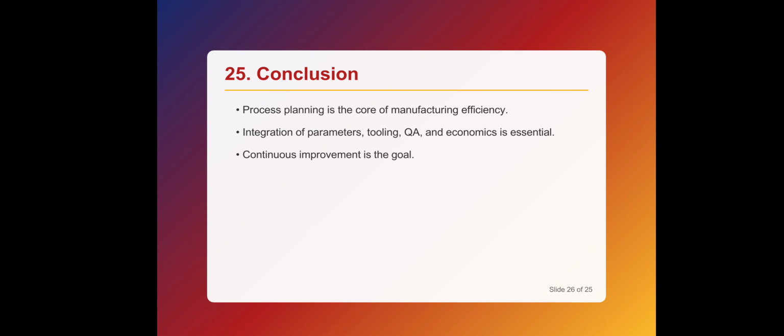So the final one is communication. Continuous improvement is the goal. Communication is the best example for the continuous improvement of the required goal. It is the final step in process planning, to communicate the manufacturing knowledge to the shop floor, that is, through the operations sheet and process drawing.